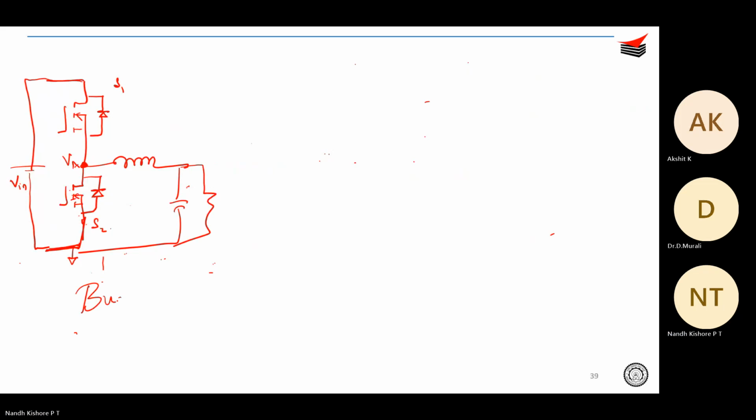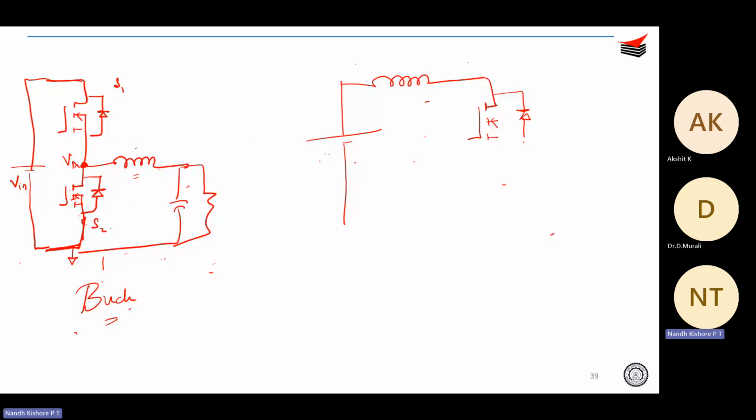So this is buck. And let's draw the same half bridge. So this is called a half bridge. I have drawn the same half bridge once again.